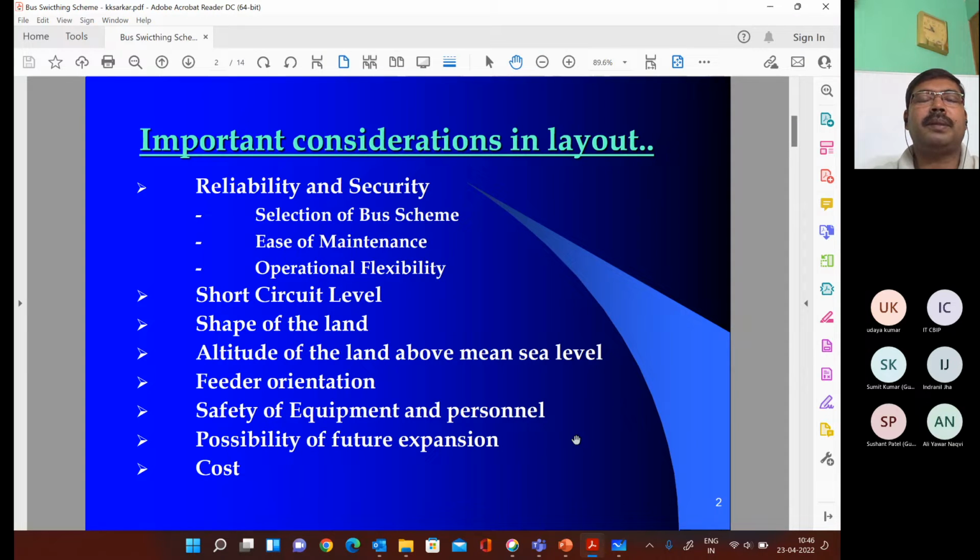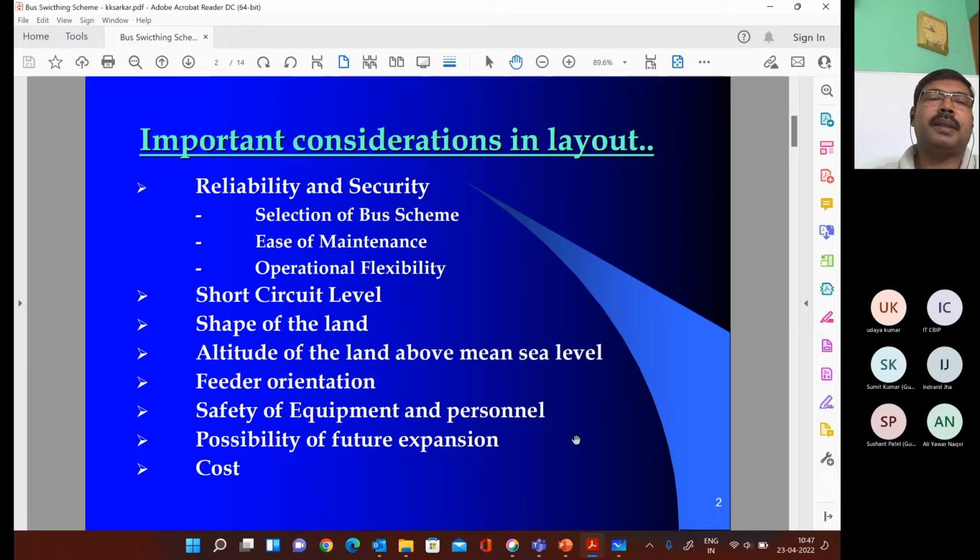Then the ease of maintenance, how easily it can be maintained. Then operation flexibility. Basically, if there is manual operation it means less flexibility, and if it is automatic it means more flexibility. Correct.